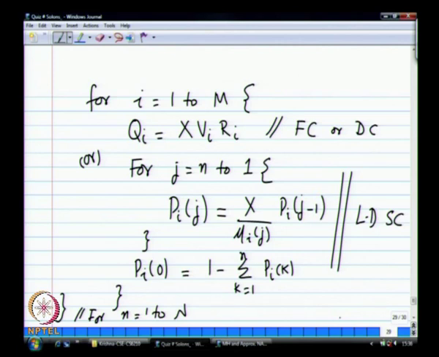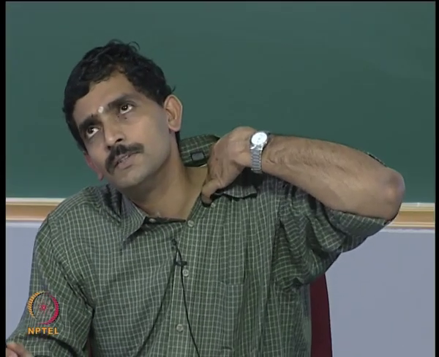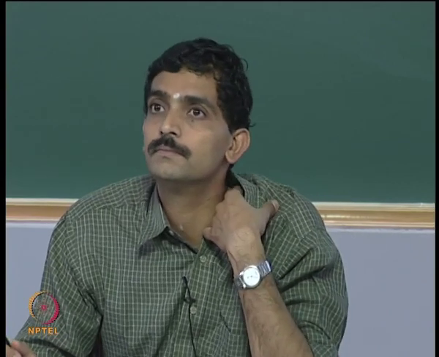Why does Qi come in? That does not matter, that is just for the sake of, let us see where we will use that. It is only used when you compute the final values. Qi will be simply the number of customers that are in the thinking state, the number of terminals that are in the thinking state.